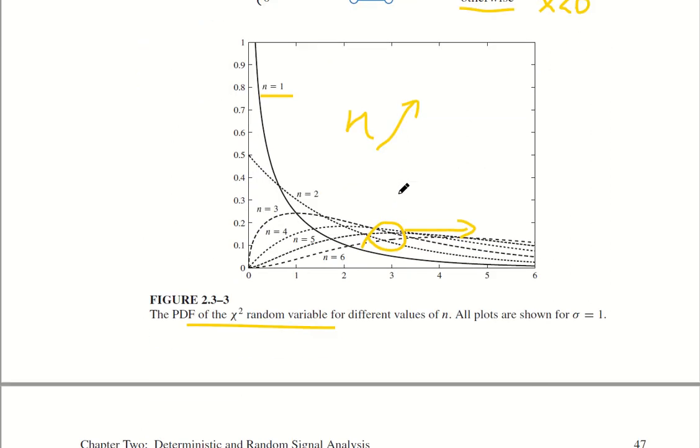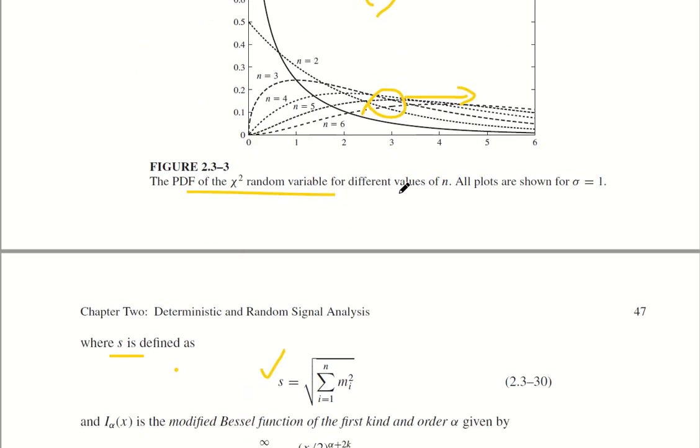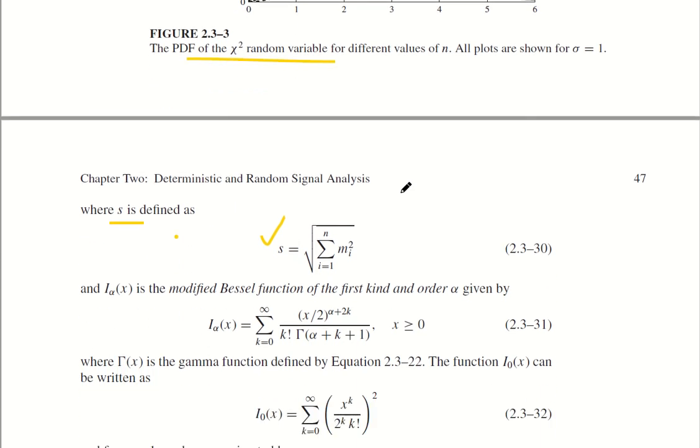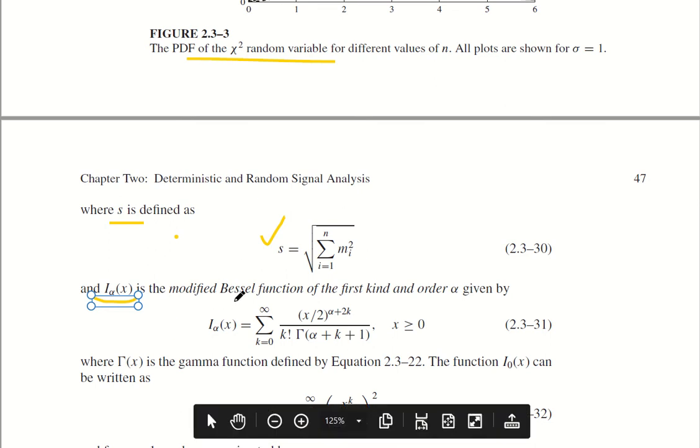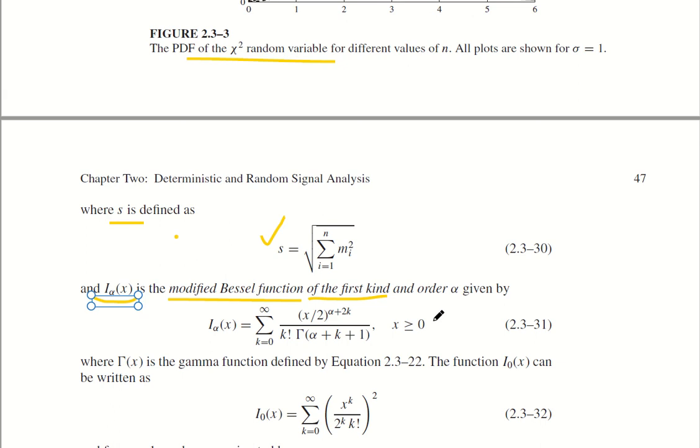again, it's a special function. I alpha of x is the modified Bessel function of the first kind. Again, this is one of the special functions, of order alpha, given by this.